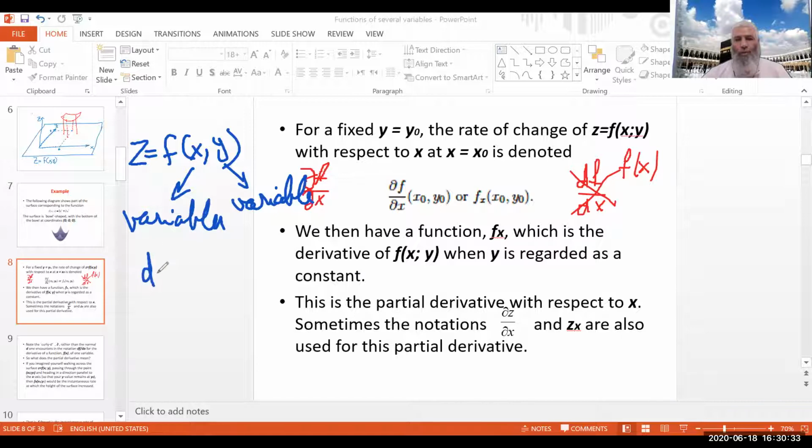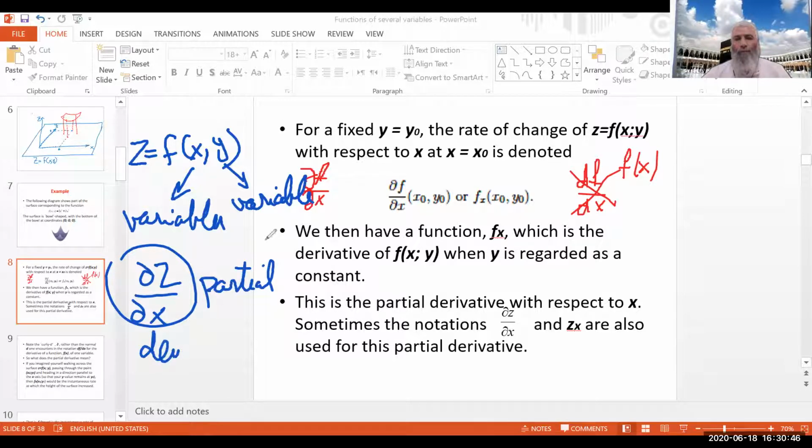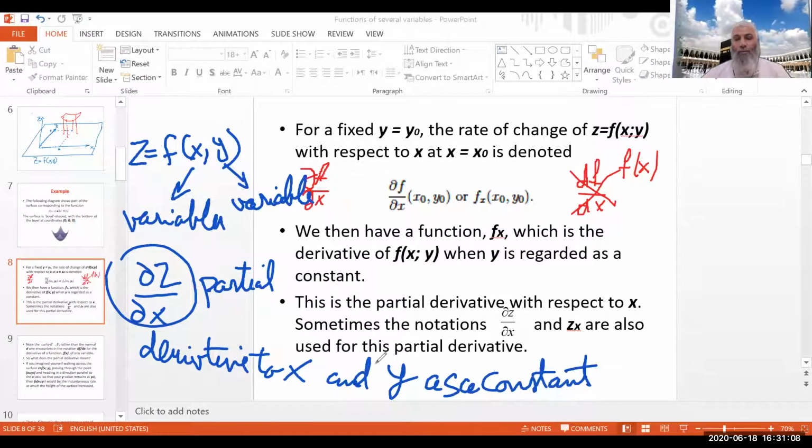So dz/dx is the partial derivative with respect to x, just x, and he is dealing with y as a constant, as y doesn't change.